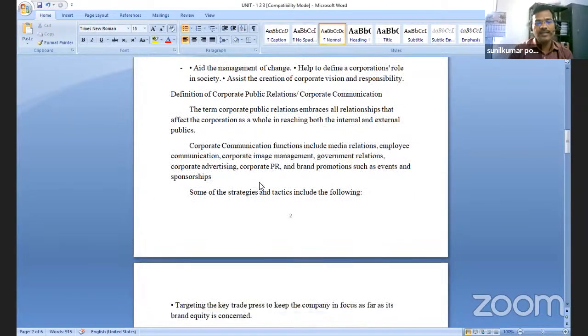Another definition is of corporate communication functions. If we know the functions, it's easy to define what corporate public relations or corporate communication is.